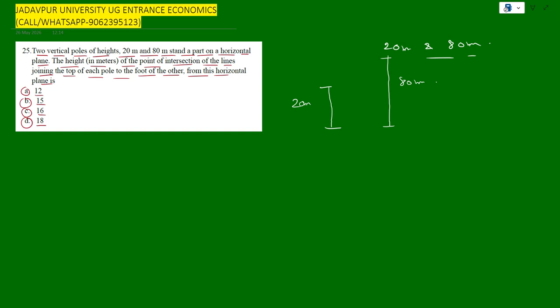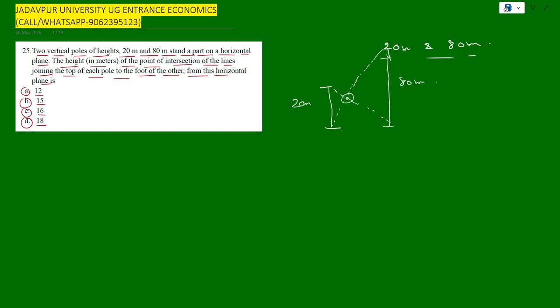And a line from the top of the smaller pole to the bottom of the bigger pole, and another line from the top of the bigger pole to the bottom of the smaller pole. Okay, I know my drawing is extremely bad. Now, these two lines cross each other somewhere in the middle.